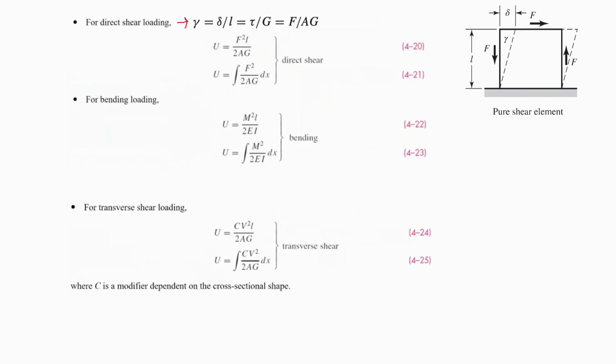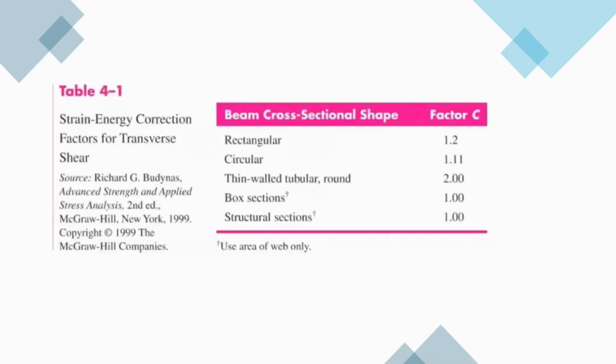For example, the C constants for different cross-sectional shapes are provided here. For the rectangular cross-section, circular cross-section, and other types of cross-sections, the C factor is presented here. If you would like to calculate the strain energy for transverse shear, you can use the corresponding C factors.